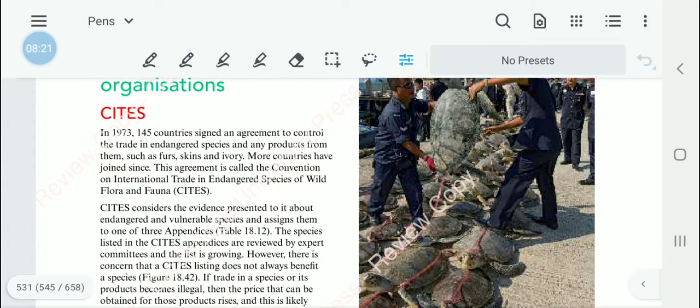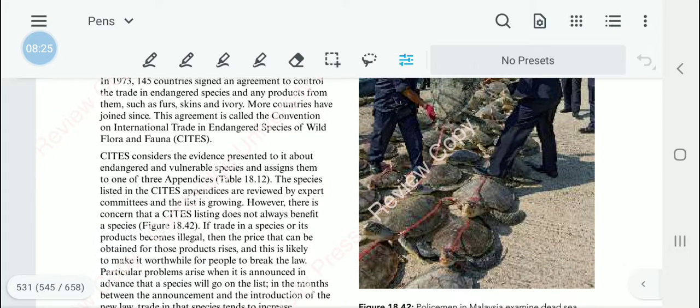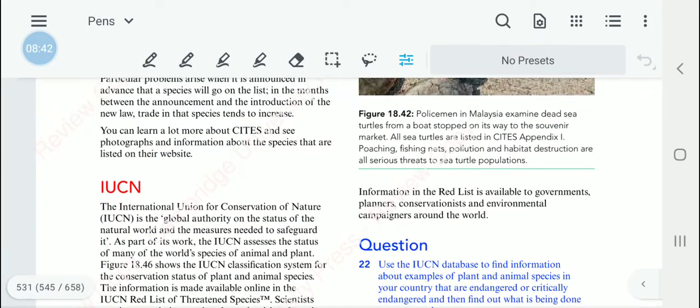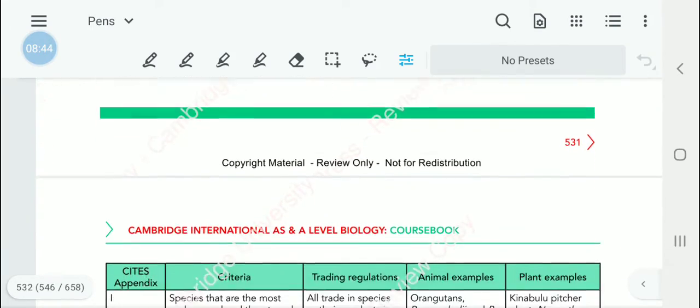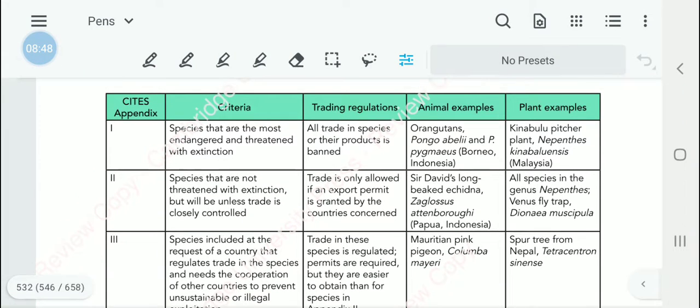This organization categorizes plants and animals into 3 different appendices that regulate trading.